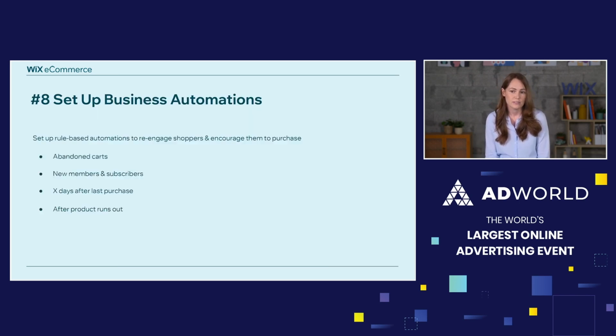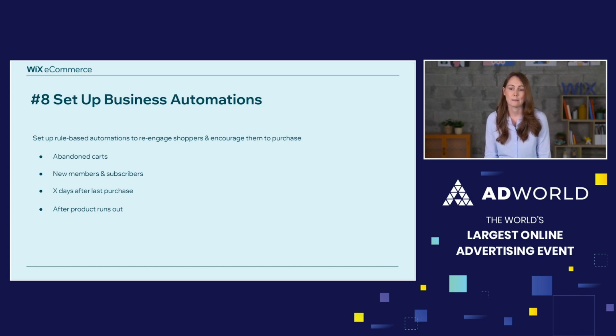Make sure that you're setting up your business automations. So basically, these are rule-based automations that help you re-engage shoppers and also encourage them to purchase. So I think the most well-known automation is abandoned cart recovery. Those reminders you're sending to customers if they abandon carts, so that you're making sure that they're following up on the purchase. But you can set up automations for new members and subscribers, offering them some kind of benefit or offer.